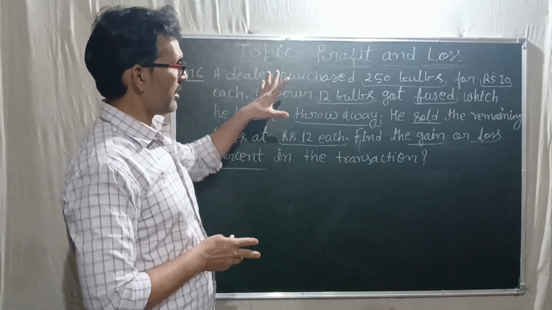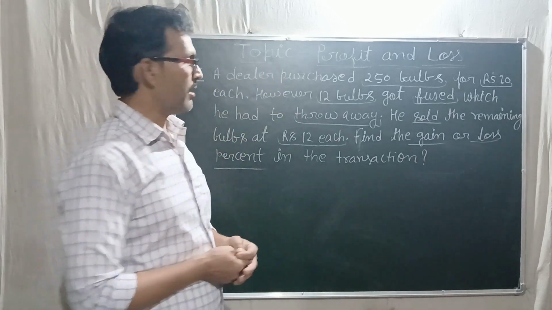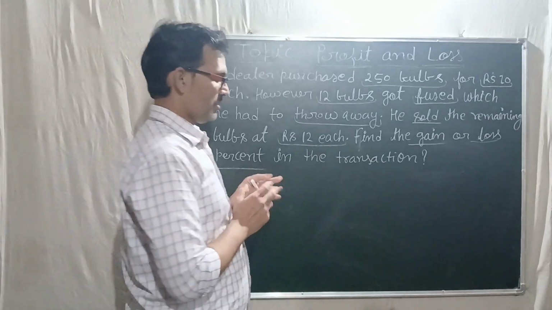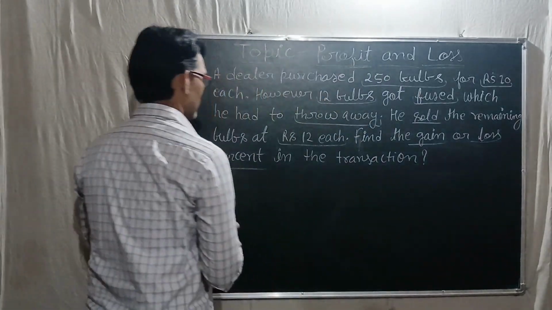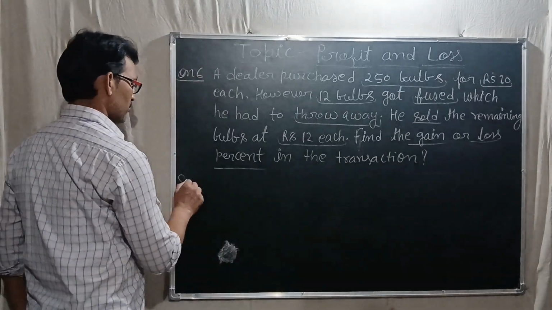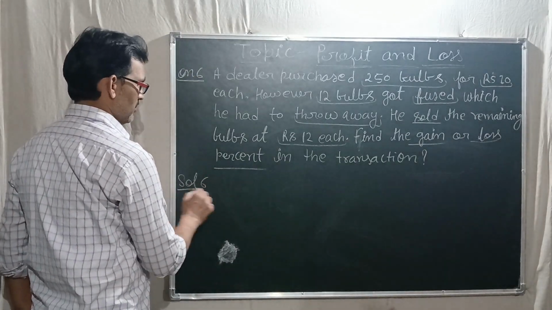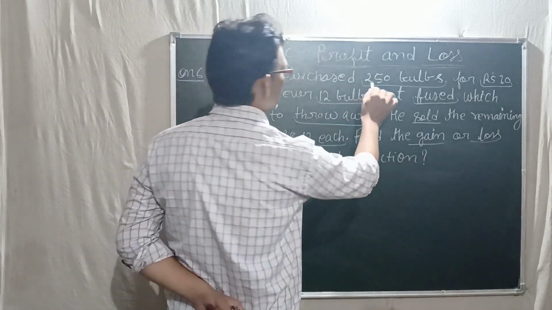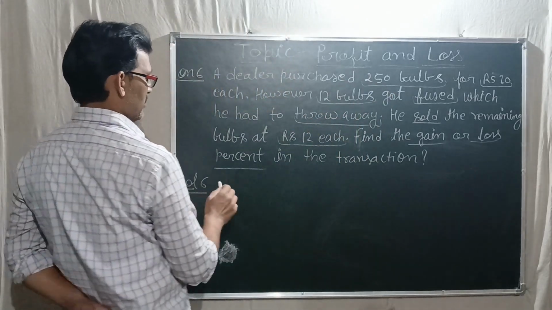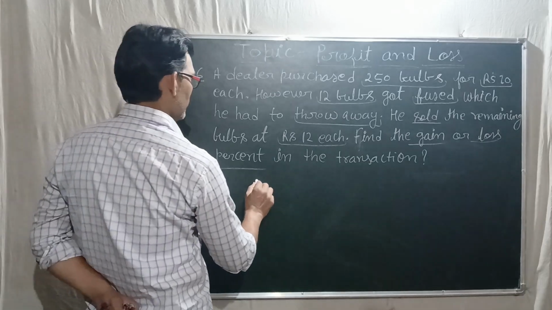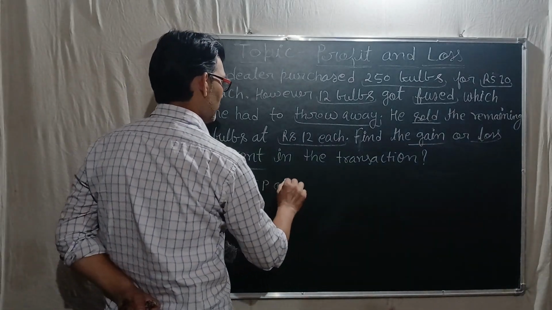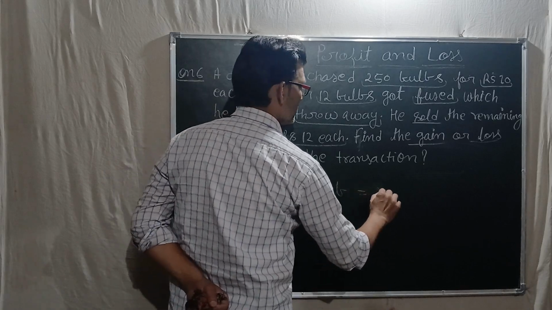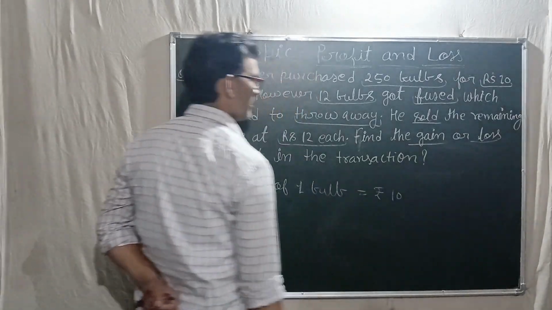Students, this is a long question but very easy, and I am going to solve it on the board. You have to see on the board. The solution of this question is going to be very easy. First of all, we have to write the number of bulbs. That is, CP of one bulb equal to rupees 10.